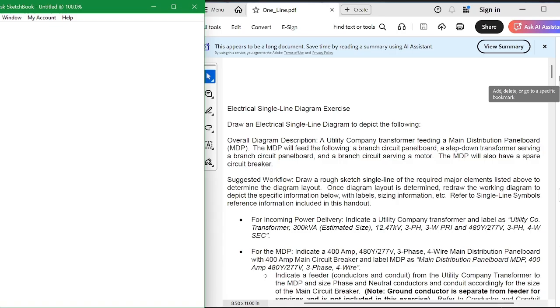There's a utility that comes in from the main, from outside, and you would show that as a transformer. Okay. And then you would bring that into your main distribution panel board, and you would call that MDP.